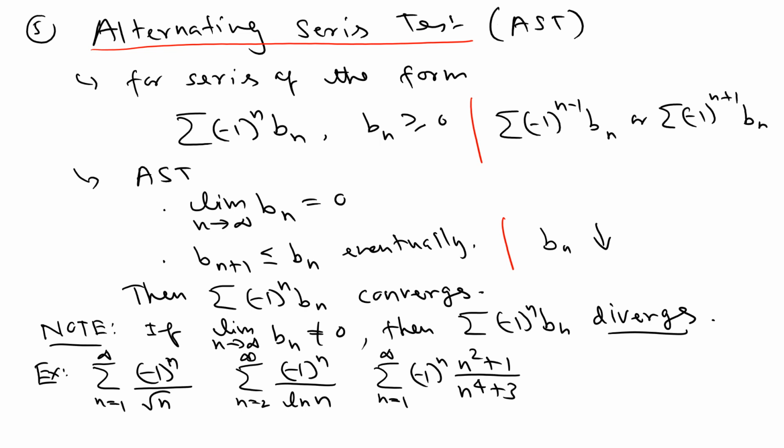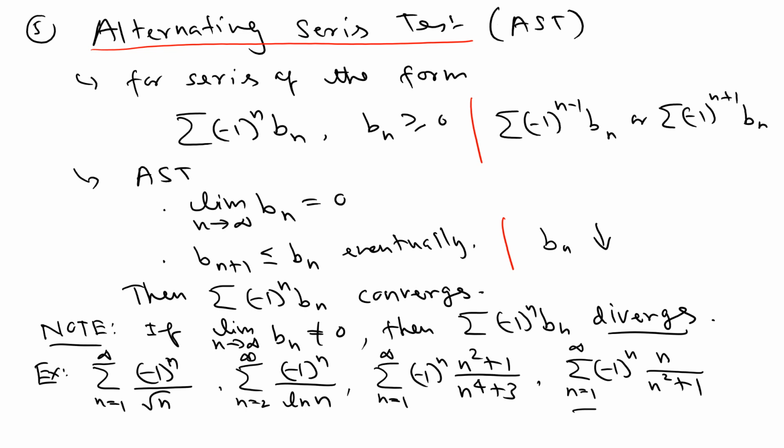And then this one, the sum from n equals 1 to infinity of (-1)^n over n squared plus 1. So these are all nice candidates for the alternating series test because they alternate, and you can try these. And then I'm going to give you one last problem.